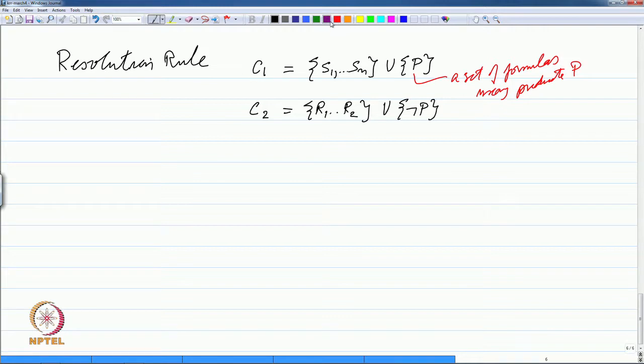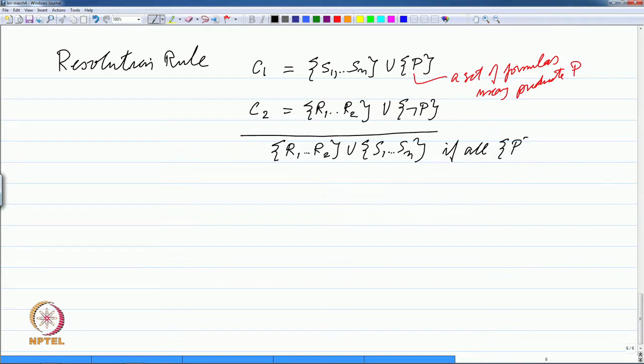And from this you will derive the set R 1 R 2 union S 1 S n if all P's can be unified with theta, and then we must apply this theta to this.